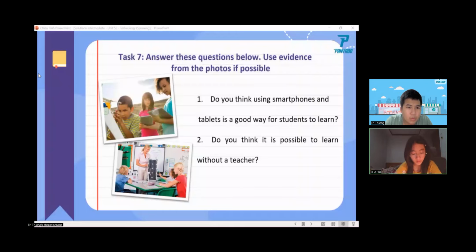And if students study without a teacher, they don't have the mind to solve the problems.